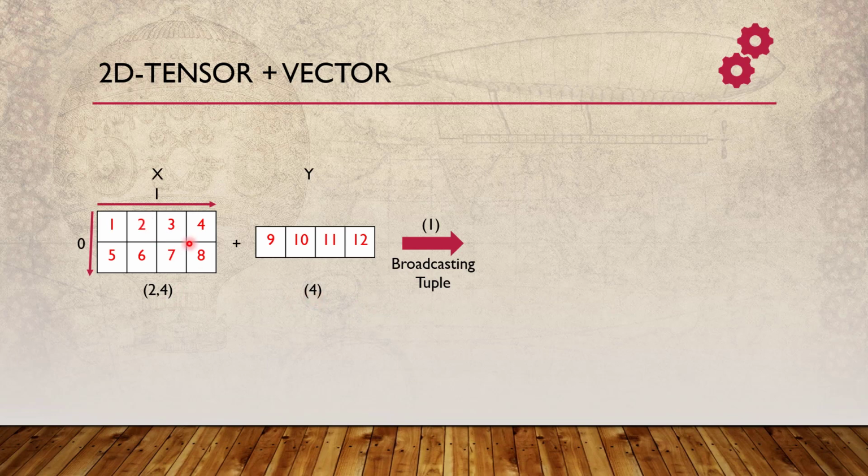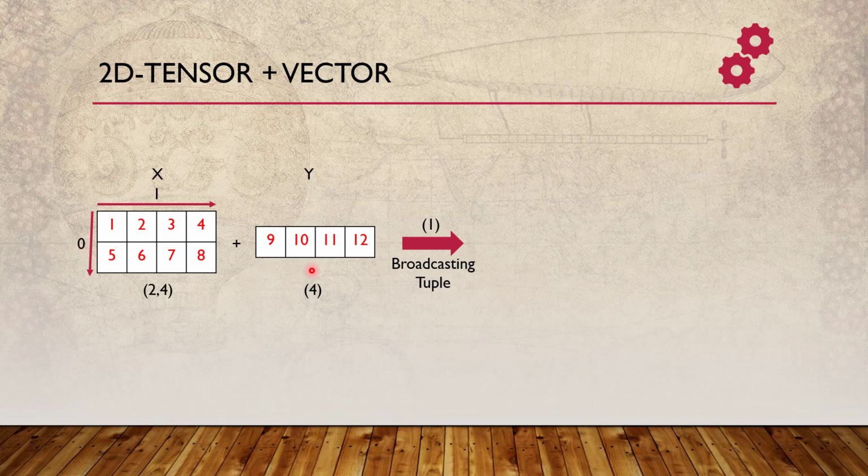Once we identify that, if we want to broadcast y to the higher dimension tensor x, I have to have these 4 elements as my number of columns, because I have given 1 as the broadcasting tuple. We'll see another example next where we can give 0 as the broadcasting tuple.